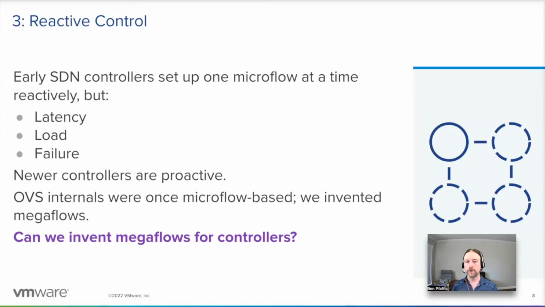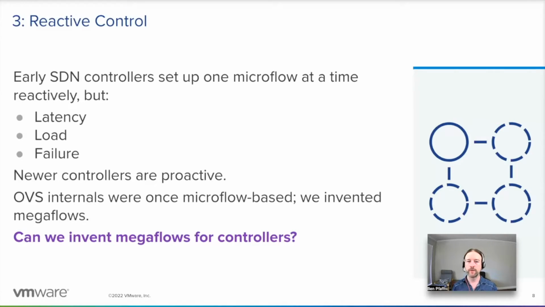So if you look at Open vSwitch, for example, internally it was once reactive in just the same way. When a packet showed up, it set up a microflow for it inside a single chassis. It had some of the same latency problems and load problems that remote controllers did.